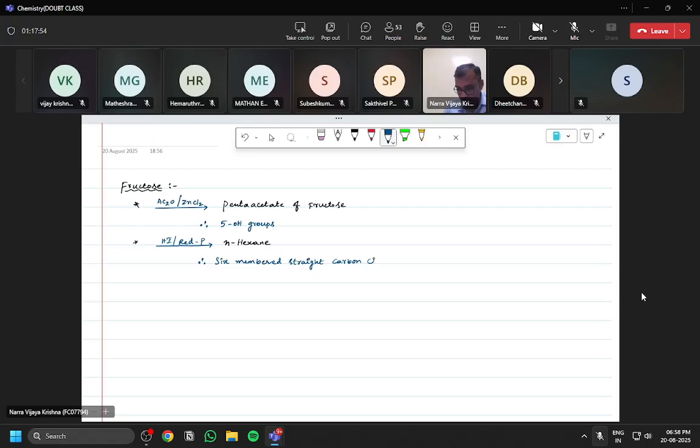Now, another reaction, with HCN. What did you get? Cyanohydrin. Here also you will get cyanohydrin, which confirms the presence of a carbonyl group. This on hydrolysis gives one acid.